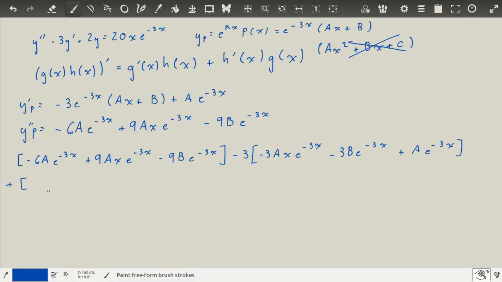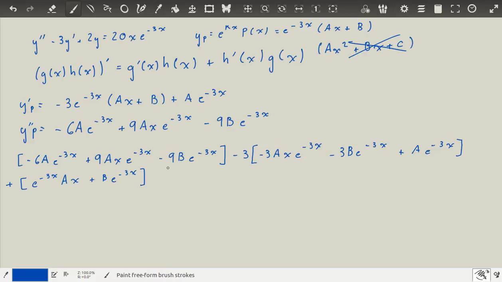I'm going to write that on a new line. Even the y on its own I've expanded, because we're using the method of undetermined coefficients, so we have to be able to compare these ax and b e to the negative 3x terms easily.